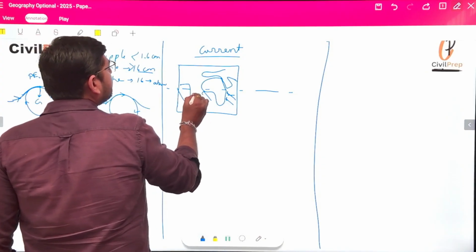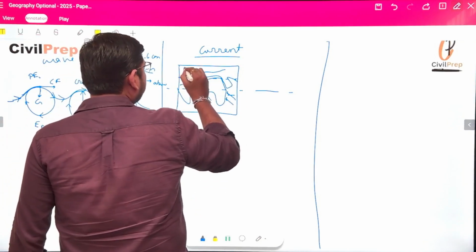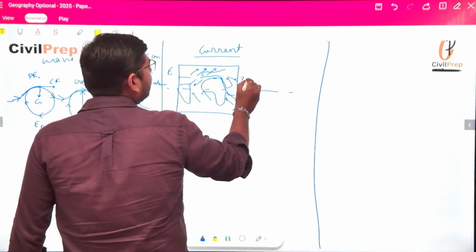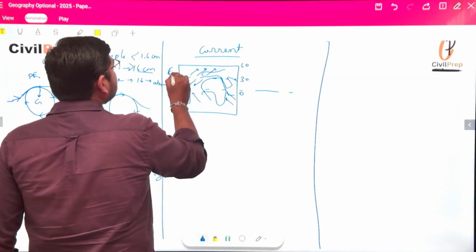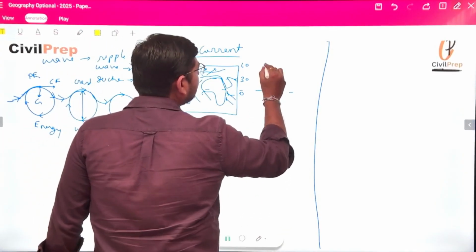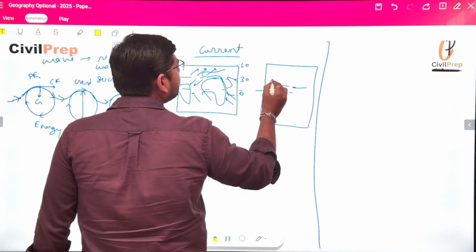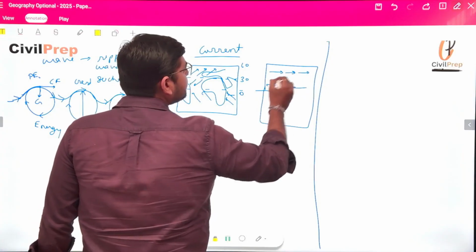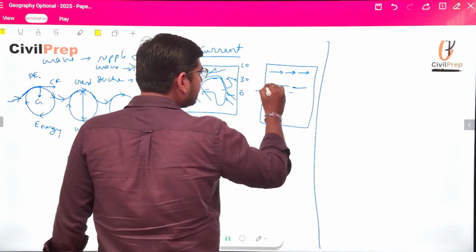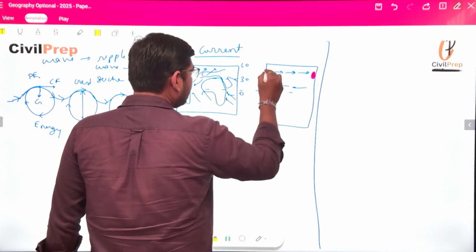Here also we have easterlies. Okay, this is 0, 30, 60. Here we have westerlies, and here we have easterlies. So in this way, under the basin region, the water is moving in this direction, and in another way, the water is moving in this direction. So this results in two zones: at one point there is the downwelling zone, and at another point there is the upwelling zone.